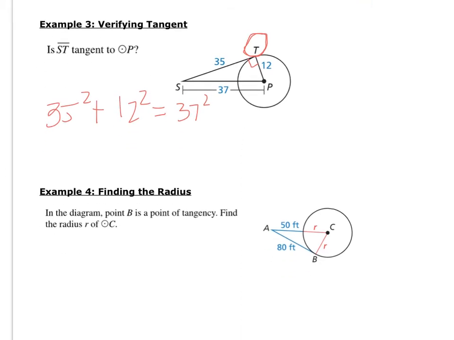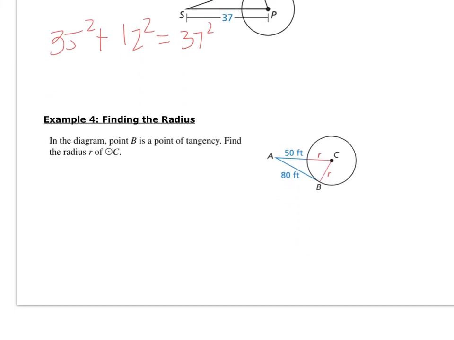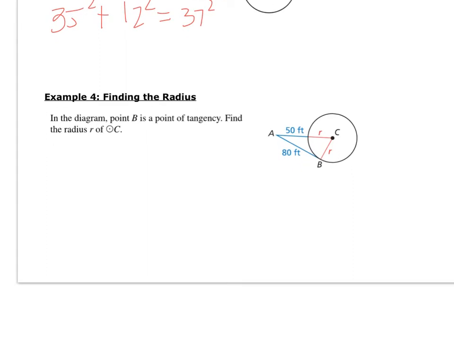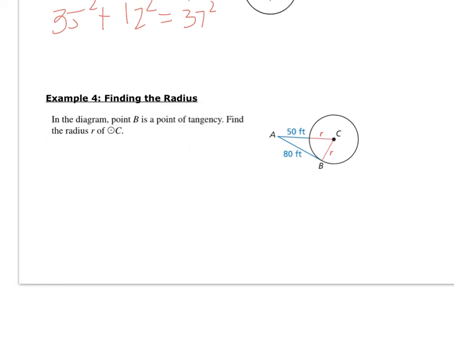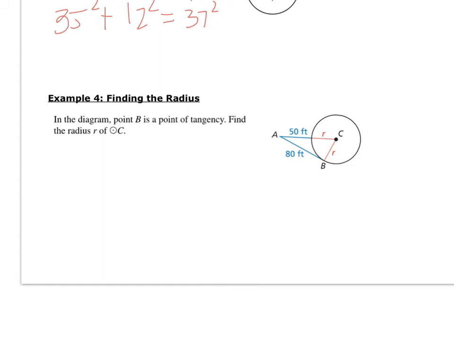Alright, so now let's go down to example 4. Finding the radius. You look at this, it looks kind of taxing. We don't know what CB is, and we know what a part of AC is. We know from point A to the circle is 50, but we don't know the rest.